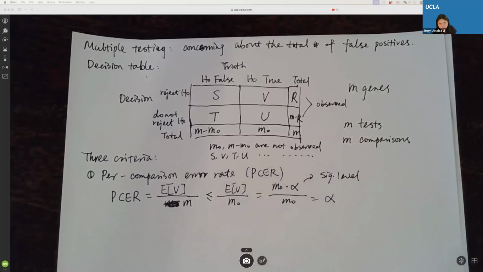So in other words, if we are just interested in controlling the per comparison error rate, setting the p-value threshold to alpha is enough.